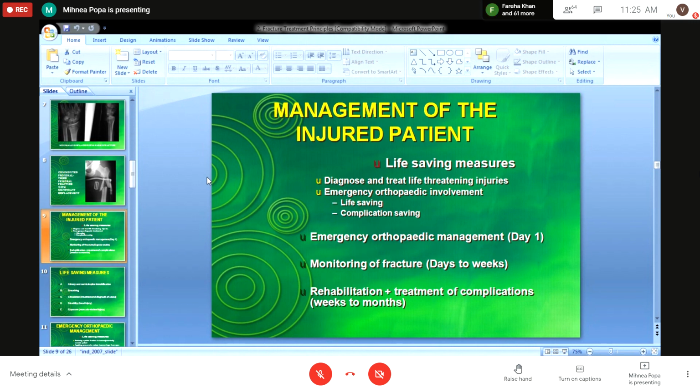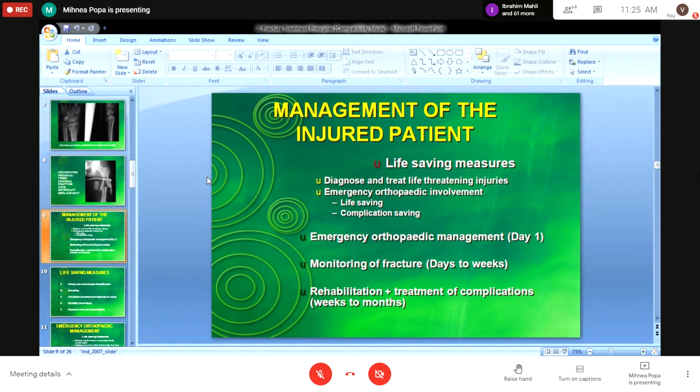The emergency orthopedic management must be done in the first day and can be minimal. For example, just an immobilization, just an external fixator. We don't always do high operations because they increase the risk of death in polytraumatized patients.